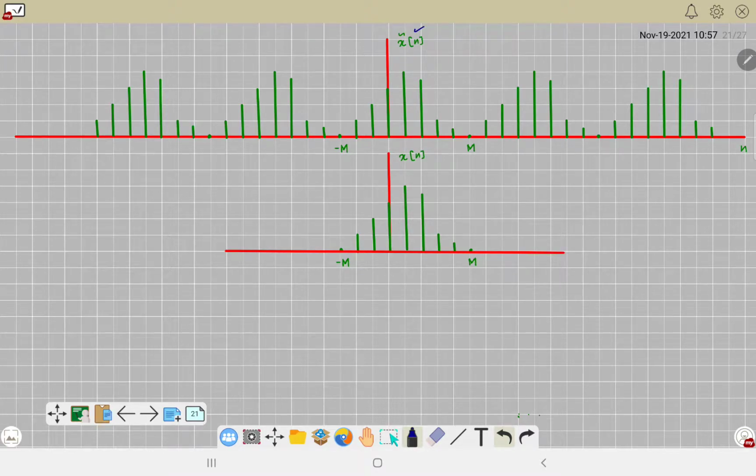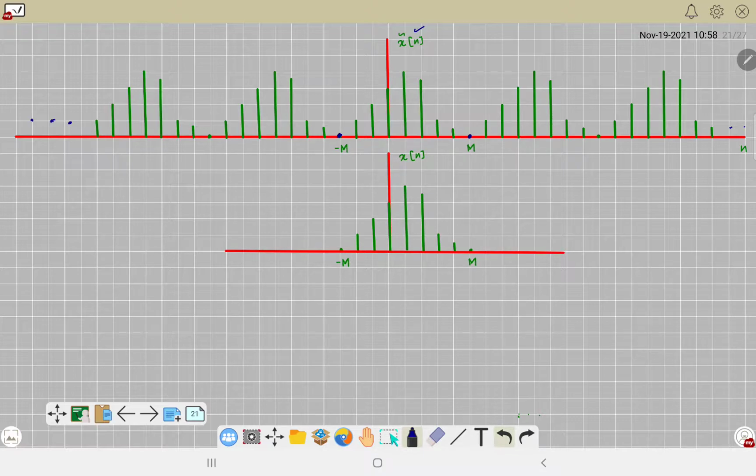This is your x tilde n. It ranges from minus M to plus M, which means there are 2M plus 1 points. Then it repeats, like you can see, multiple times. And from this signal I'm taking one period from minus M to plus M, and that becomes my x of n.